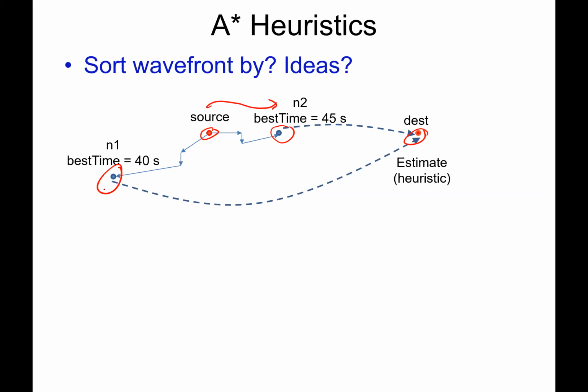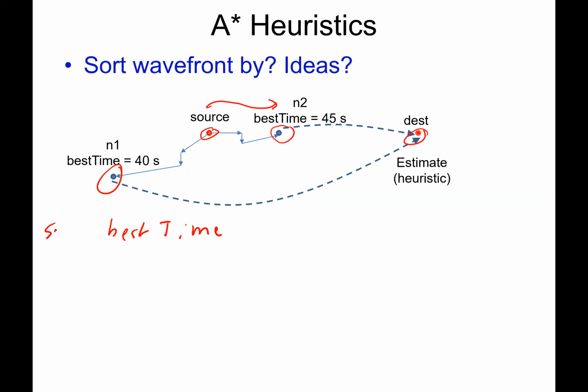We talked about what heuristics, or guesses, we could use that would guide us to look at N2 first. People came up with various ideas, like we shouldn't ignore the travel time that has happened so far, so we should take best time into account somehow.